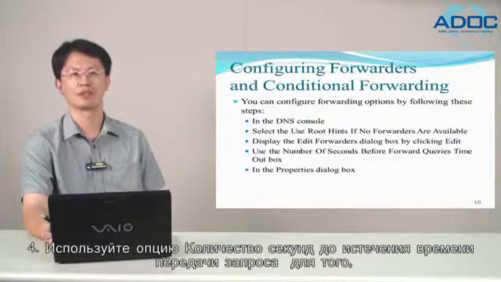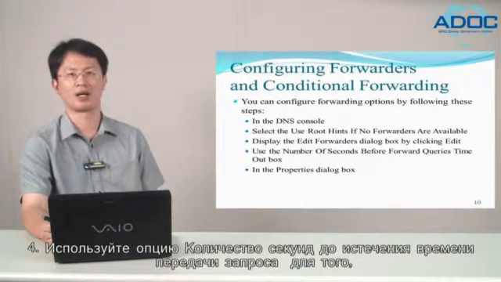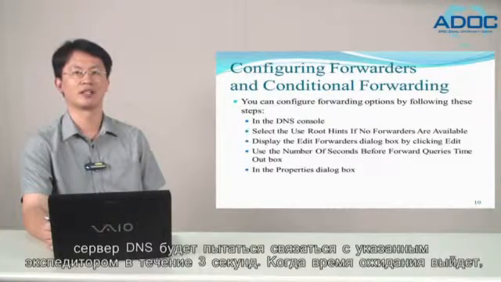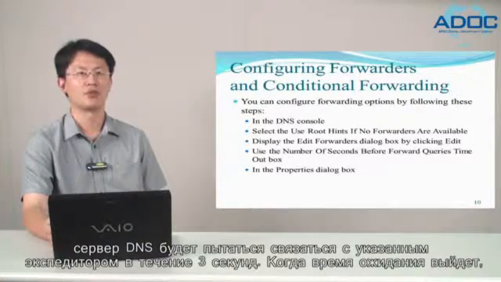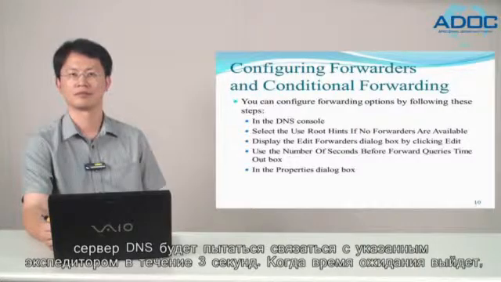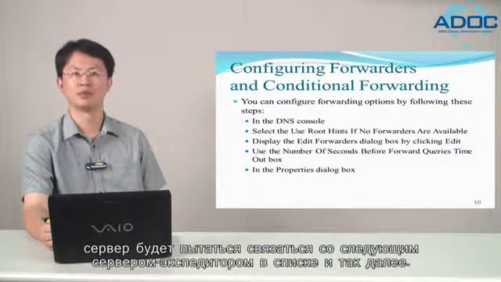Fourth, use the Number of seconds before forward queries time out box to set the query timeout in seconds. By default, a DNS server will continue to attempt to contact and use the first forwarder for 3 seconds. When the timeout expires, the server moves to the next forwarder in the list and does the same.